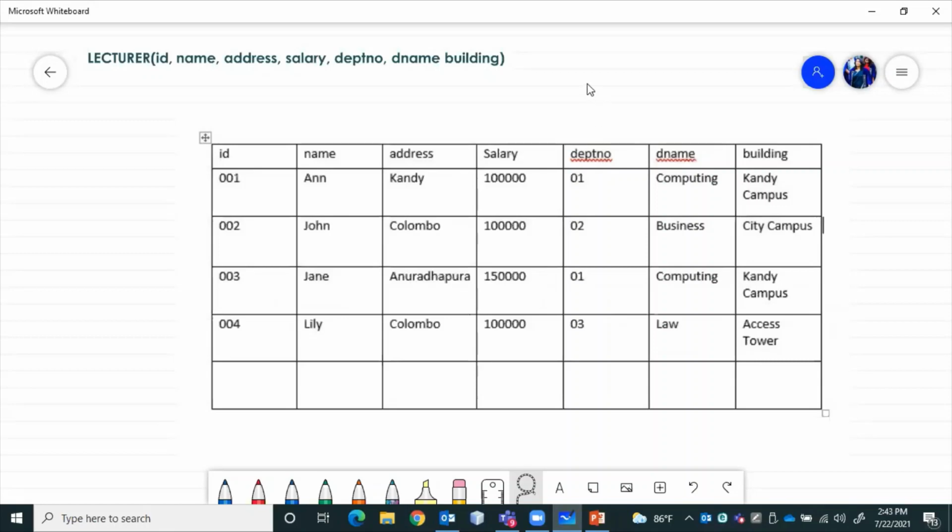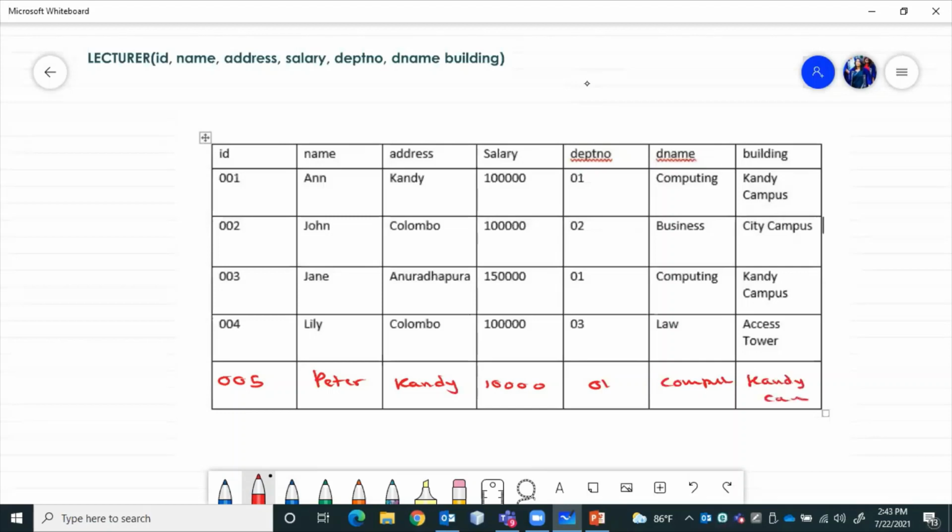If you're going to insert another record, let's say we have another lecturer working under the computing department, we might insert 04, let's say Peter from Candy, with a salary, and the same department 01 computing, and if it is the computing department, the building name is Candy Campus.